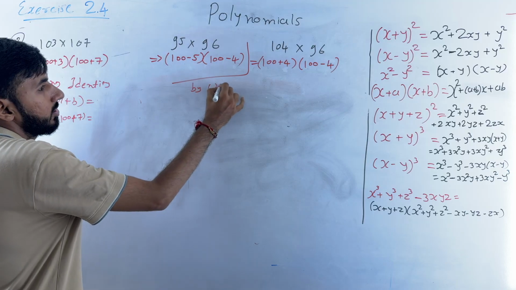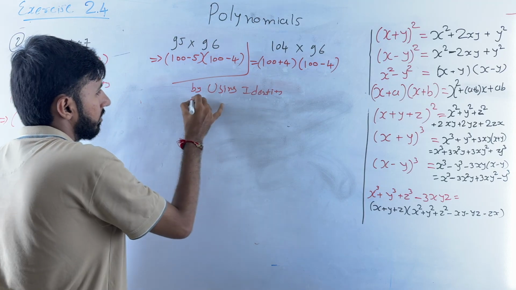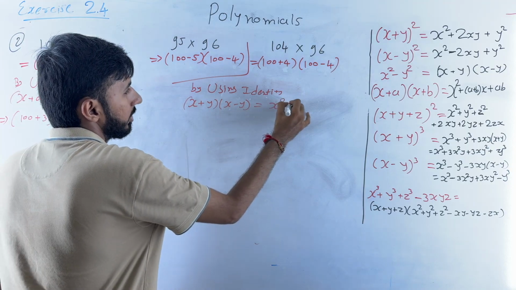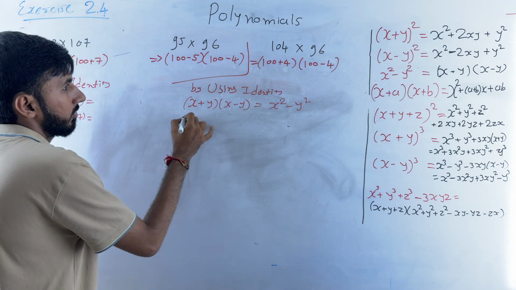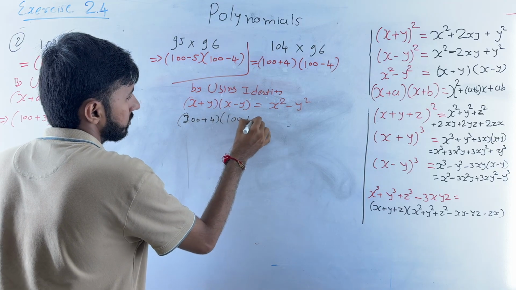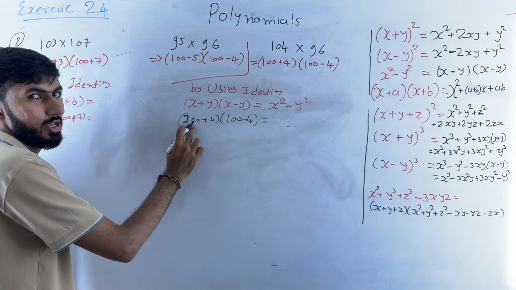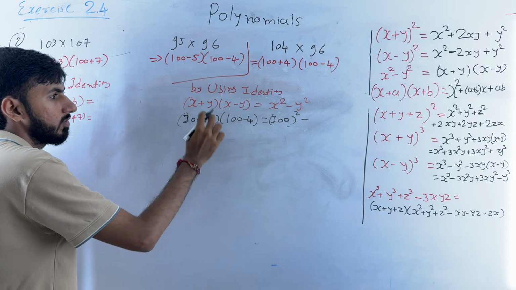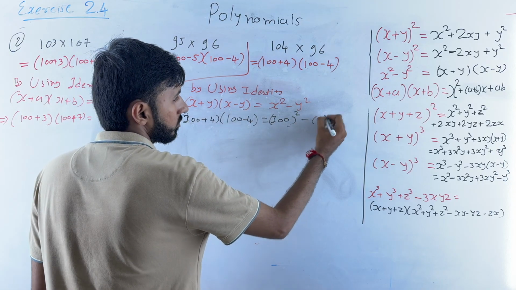So by using the identity (x + y) multiply (x − y) is equal to x square minus y square, right? So my question is (100 + 4) multiply (100 − 4) is equal to, now x is equal to 100, so I have to write 100 square minus y square, y is equal to 4, so I have to write 4 square here.